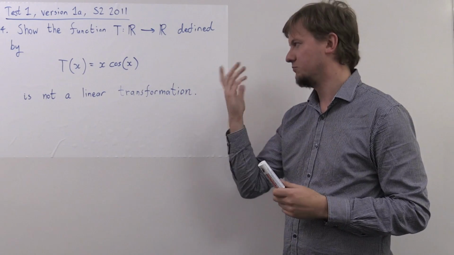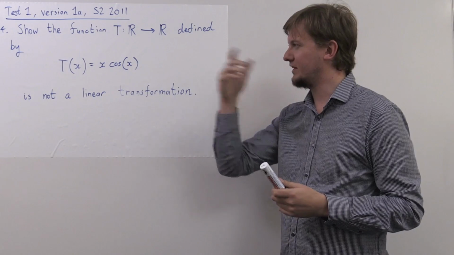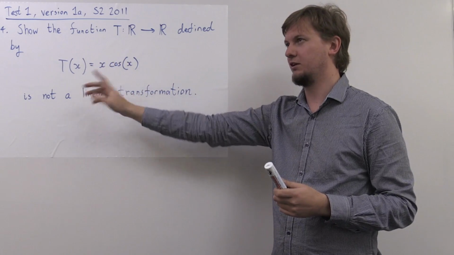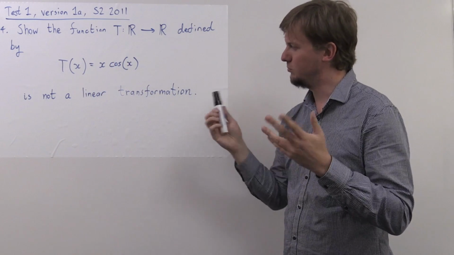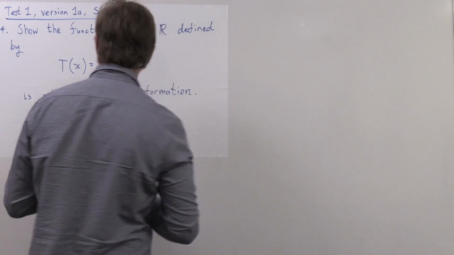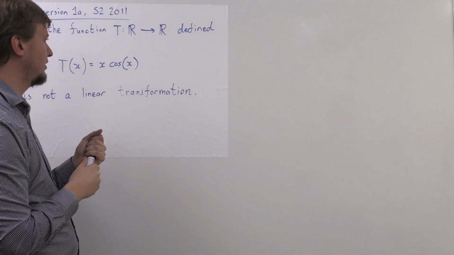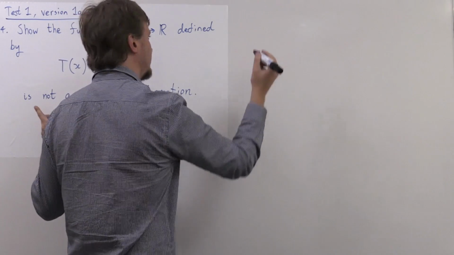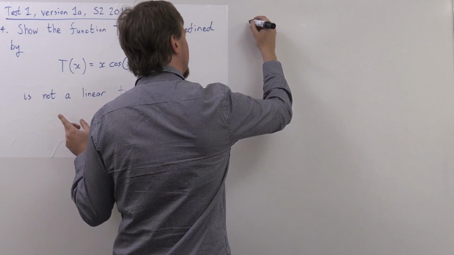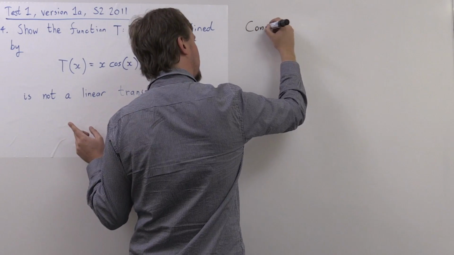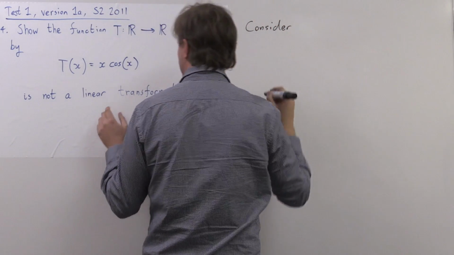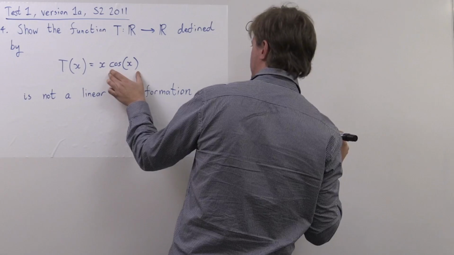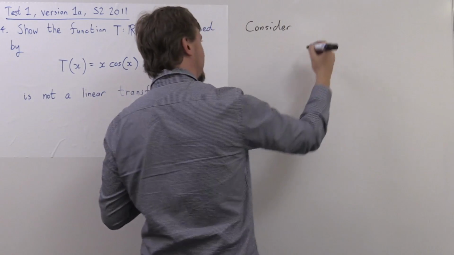Just show that for 2 particular values, if I take, say, T of x1 plus T of x2, it's not the sum of those 2, but a bit more clear than that. We just need one little example where it's broken. So let's see. Well, since we have this cosine, let's pick values that make our life easy.